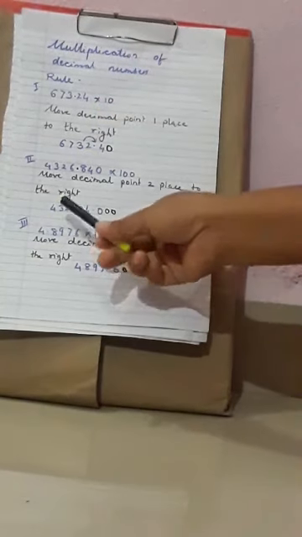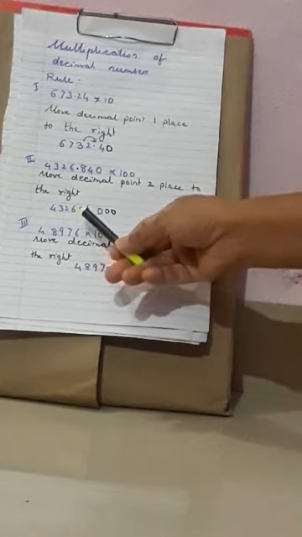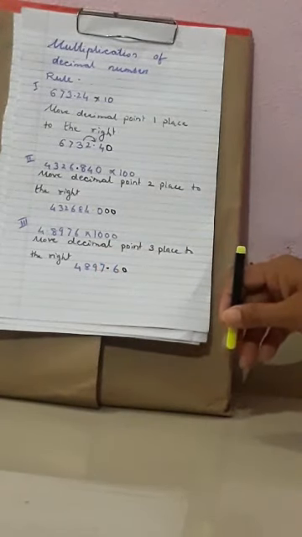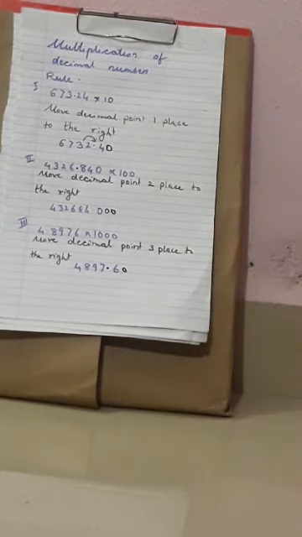So your answer is 432684.0. Now if you are getting a 0 after the decimal point, you can write it as 432,684.